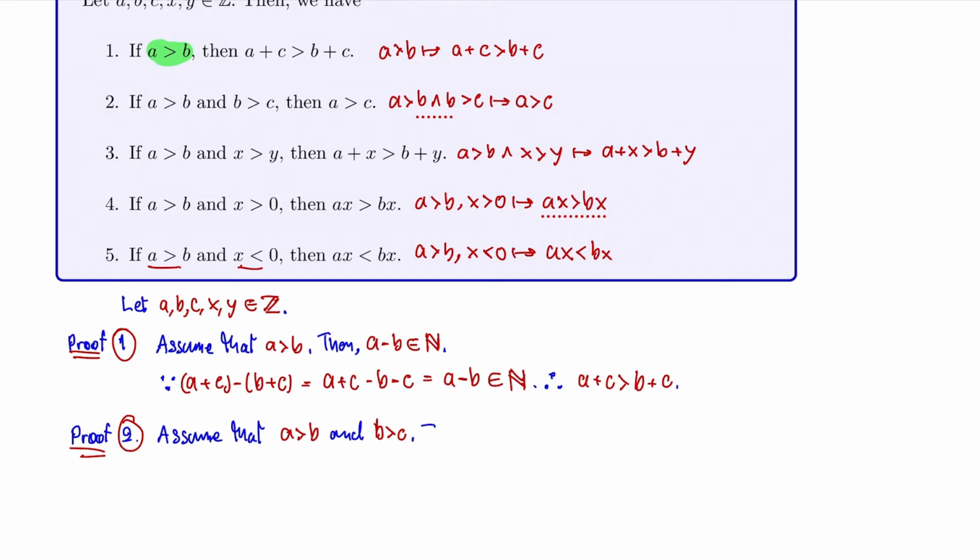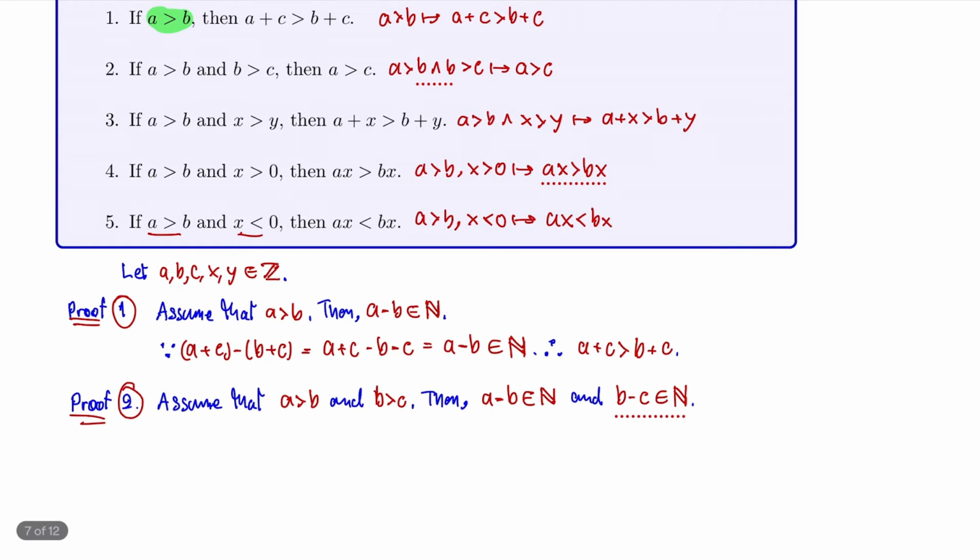Then we're going to have these two statements. A and b are integers, and if a is greater than b, a minus b will be in the set of natural numbers. And b greater than c becomes b minus c is in the set of natural numbers.